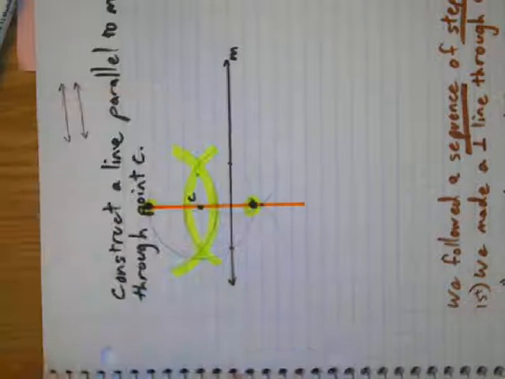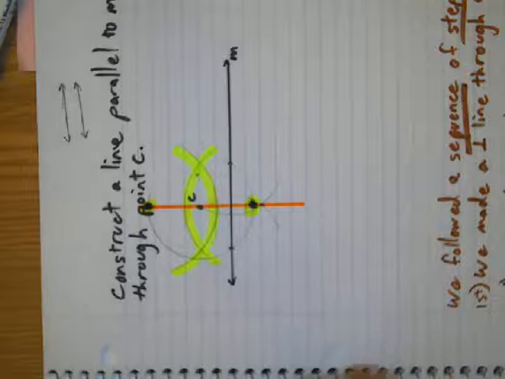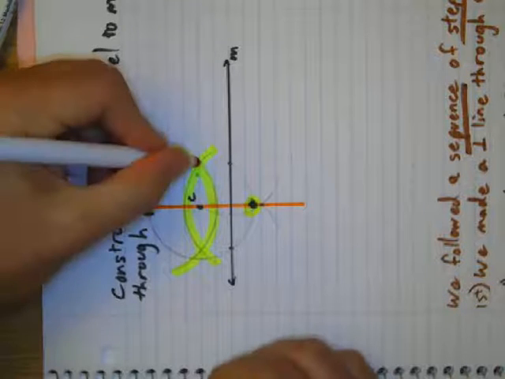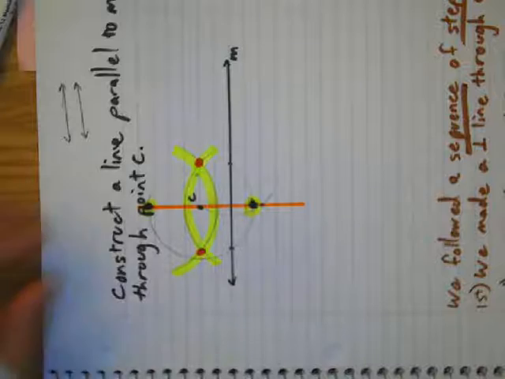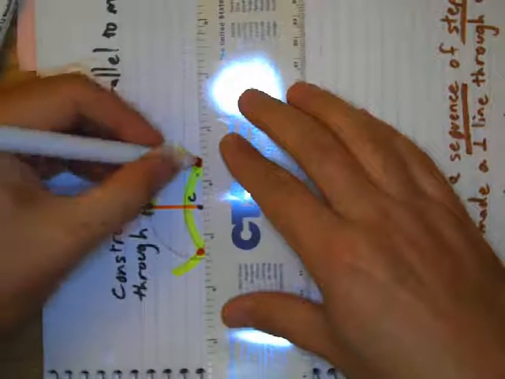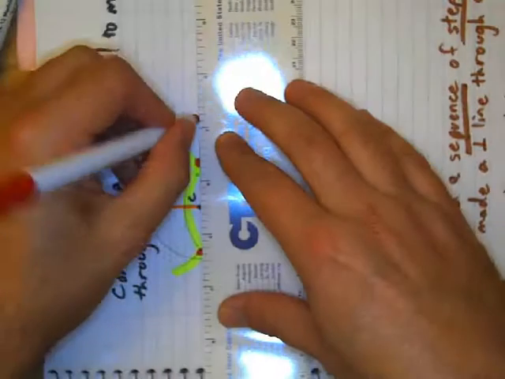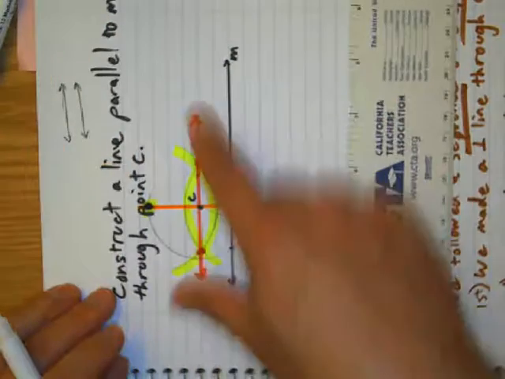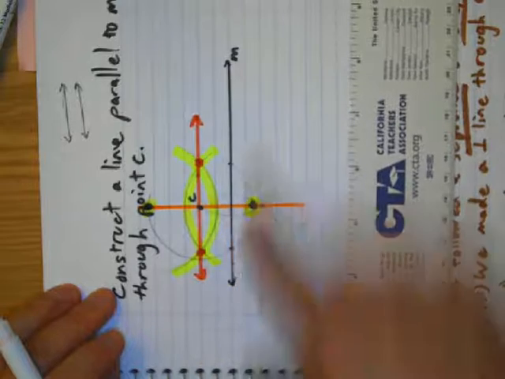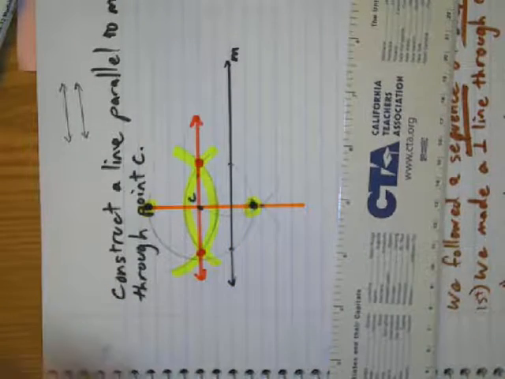Okay, and now I'm going to connect these red dots together. And so I've just made a perpendicular line through the orange line, and that perpendicular line to the orange line is going to be parallel to the black line.